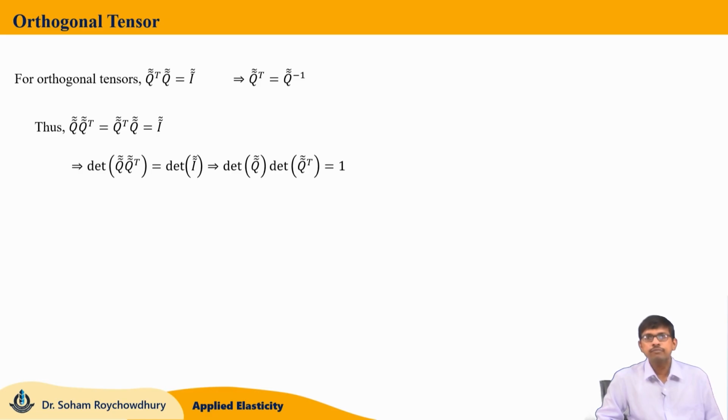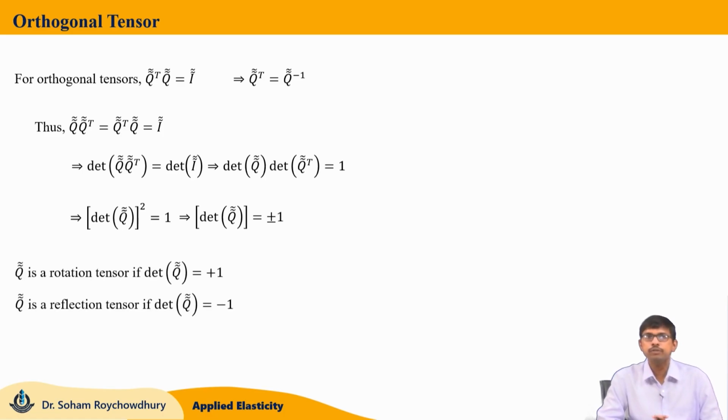Now, the determinant of Q is the same as the determinant of Q transpose, and thus the left hand side is the square of the determinant of Q, and that is equal to 1. So, the determinant of an orthogonal tensor can be either plus 1 or minus 1. Now, if the determinant of Q is plus 1, then physically Q refers to a rotation tensor. If the determinant is equal to minus 1, then Q refers to a reflection tensor.